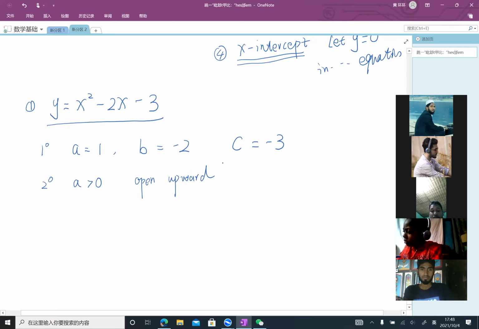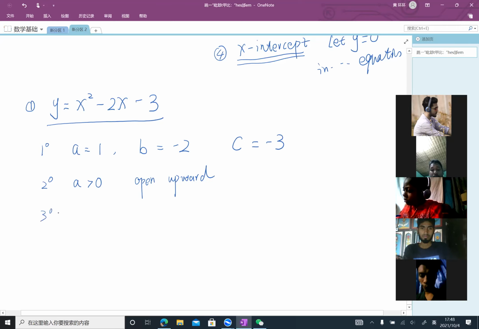So this parabola opens upward, and then we can find the axis of this parabola: x is equal to negative b over 2a. So this is negative negative 2, and 2a is 2 multiplied by a, which is 1.